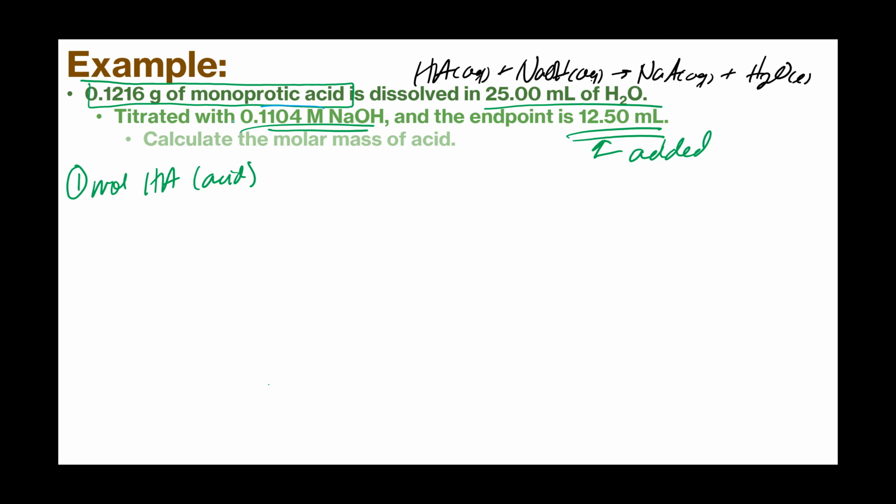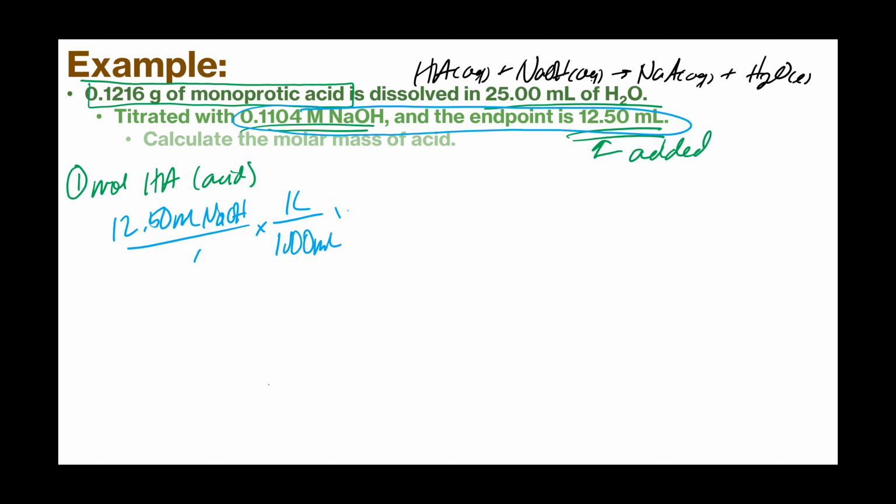So that's our sodium hydroxide. 12.50 milliliters of sodium hydroxide. We've got to get to liters so we can use our concentration. Once we have liters, 1 liter of this is 0.1104 moles sodium hydroxide.